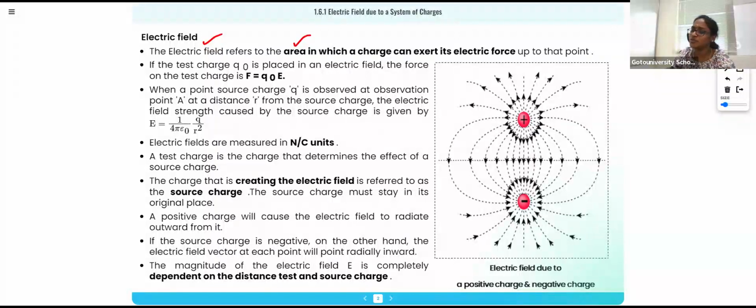E. Ma'am, you said we are going to write only the formula for electric field. Why are you writing the formula for force? See, I said already, we can only speak about the electric field when there is a force around it, right? If there is a material, there will be a region around it where it can exert its force, where it can exert its characteristics.